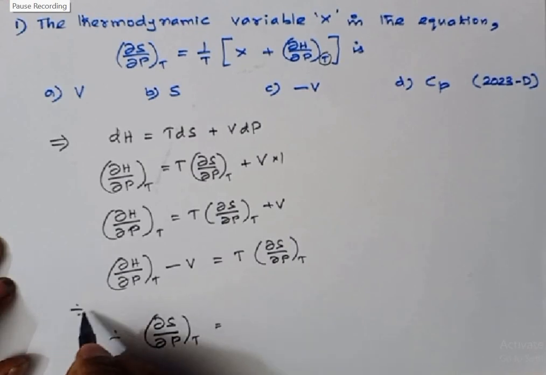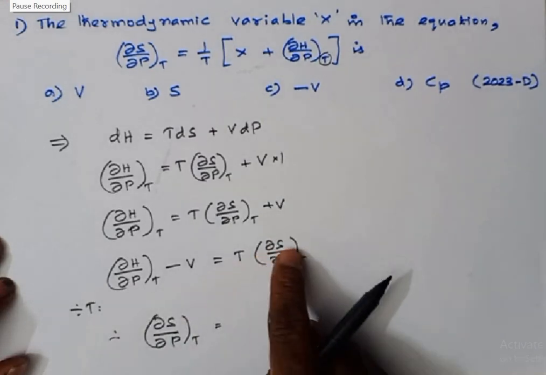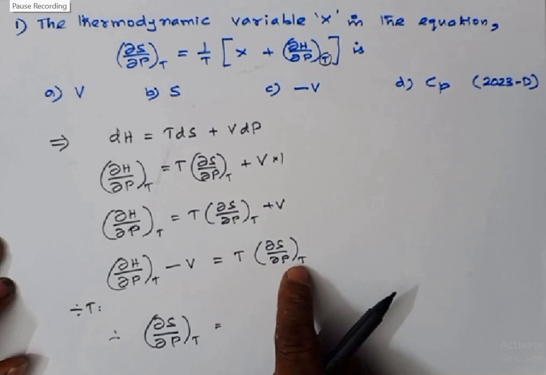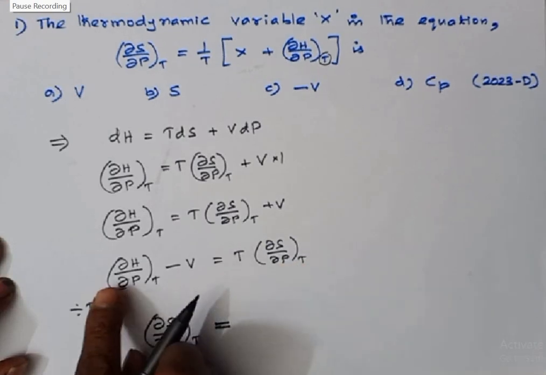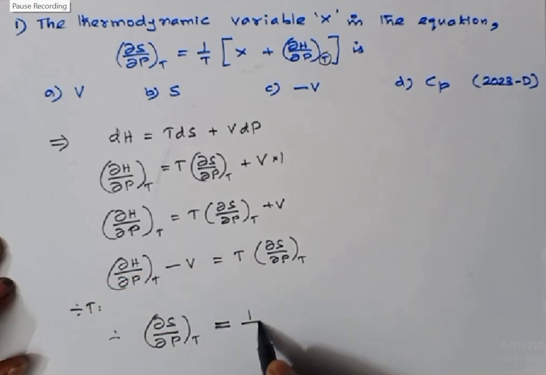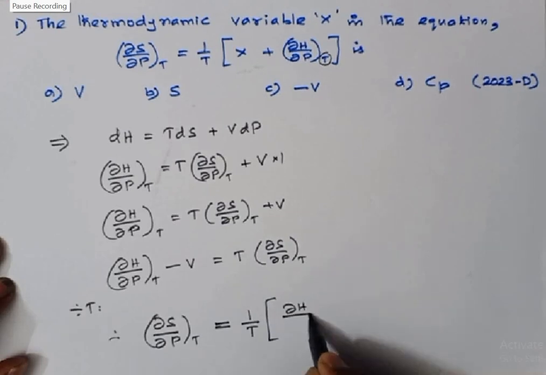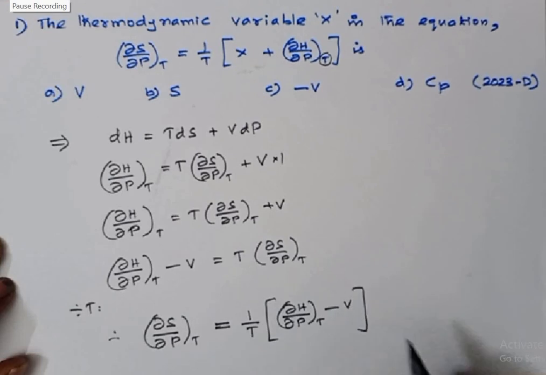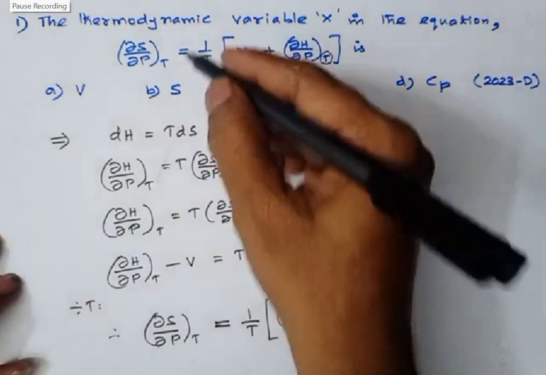I will divide throughout by T, so this T cancels. Writing it on the left hand side, (∂S/∂P) at constant temperature equals 1/T into [(∂H/∂P) at constant temperature minus volume]. Now just compare this and this.